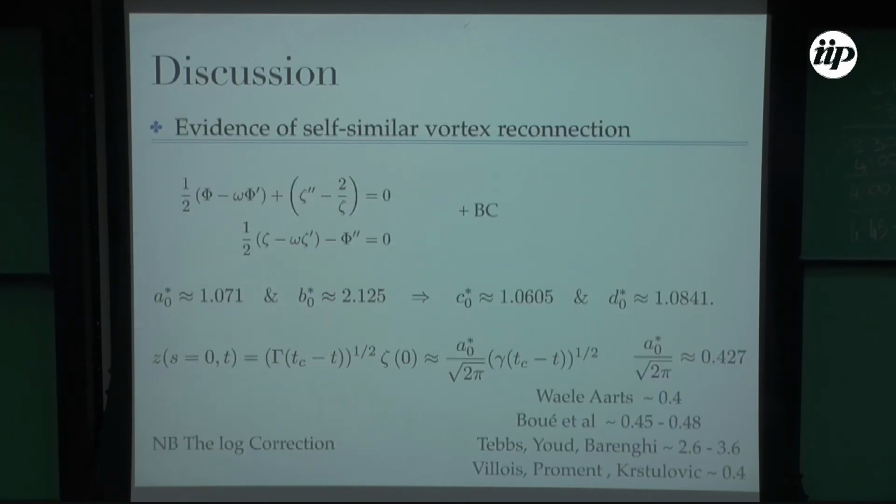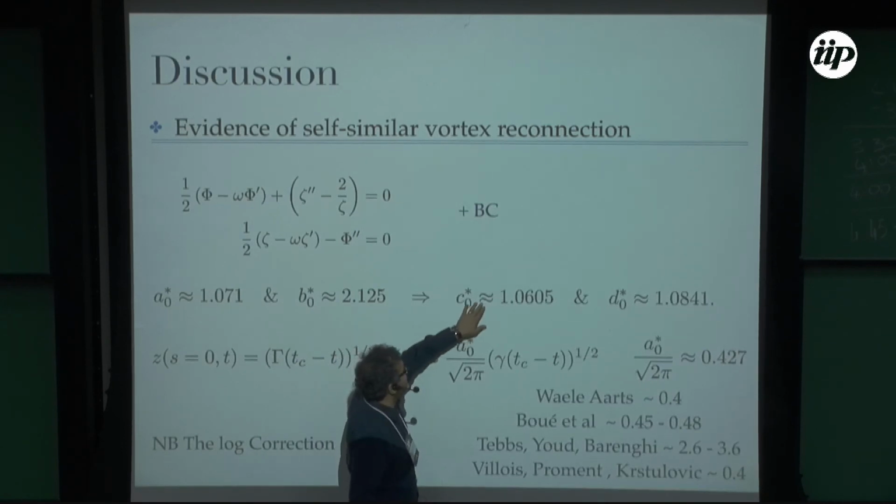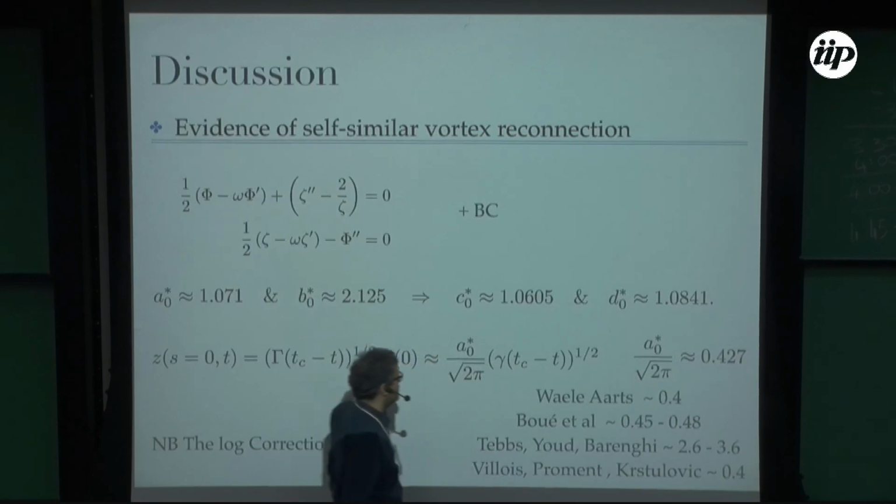Then the main message is that there is evidence of a self-similar vortex reconnection. The solution of this system plus boundary conditions gives A0 this value and B0 this other one. That gives, after integration, C0 equal to that number and D0 equal to that number.